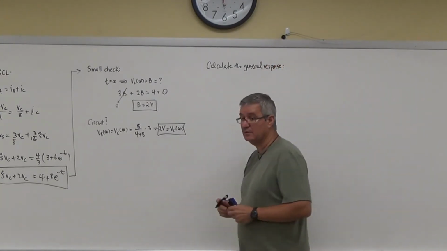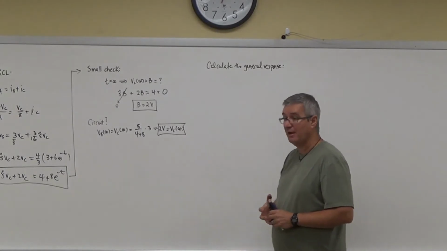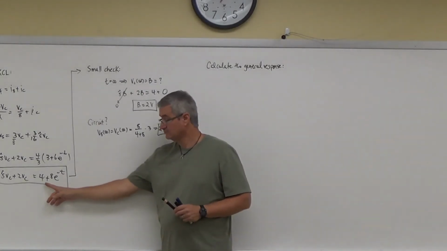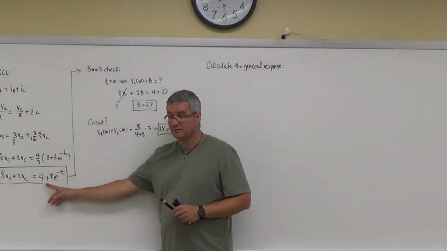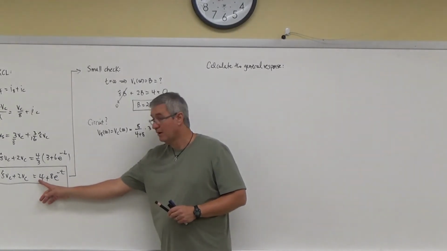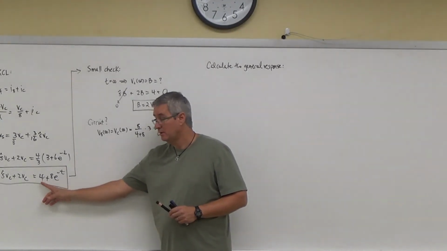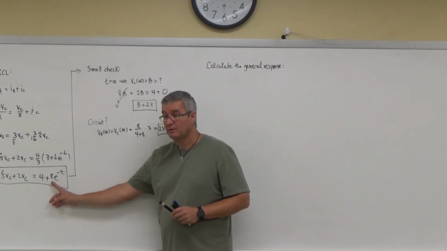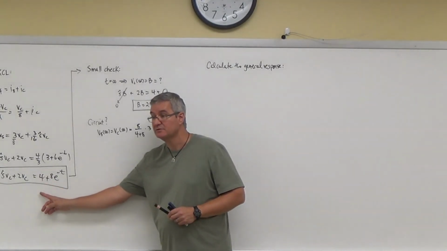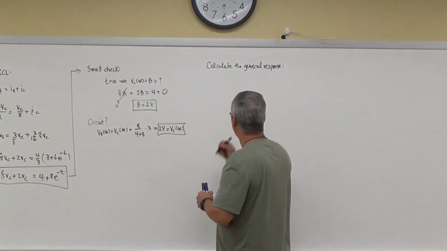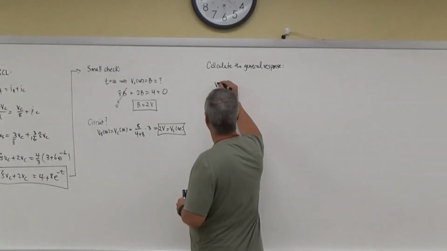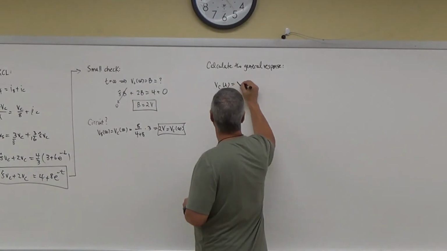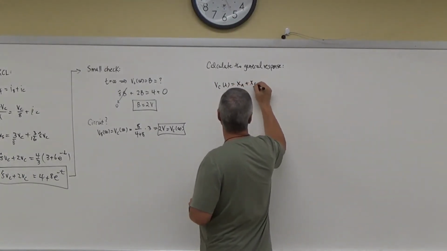Okay, so if I go to calculate the general response, I'm going to look at my differential equation. My differential equation says that I got to have, let's say, a B1 and a B2. And then the natural response forces me to have an A constant. So that means here that the voltage of the cap should have a natural response and a forced response.